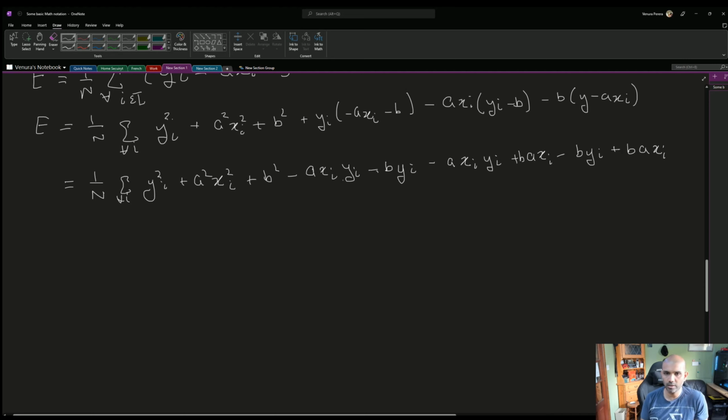So we've got this really long thing. Well, okay, we can simplify this further. We see some terms that look very similar to each other, except for these guys here, which will remain: a squared xi squared plus b squared. We've got two of these, so there's 1, 2. That becomes minus 2a xi yi.